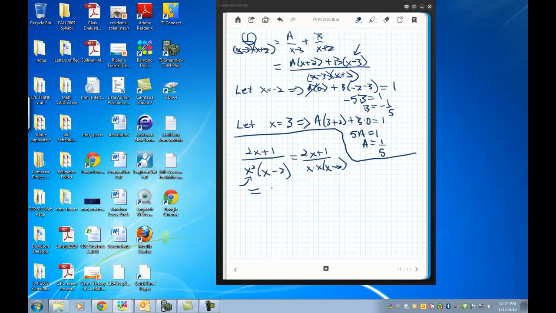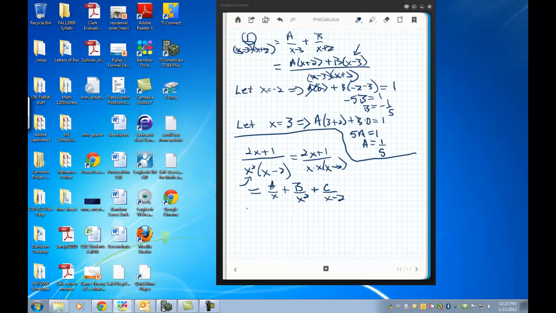What I am going to do is write it as a over x plus b over x squared plus, now we've got a linear term here, and we've got c over (x - 2). All right, now notice this x squared term is factored. That becomes really important.